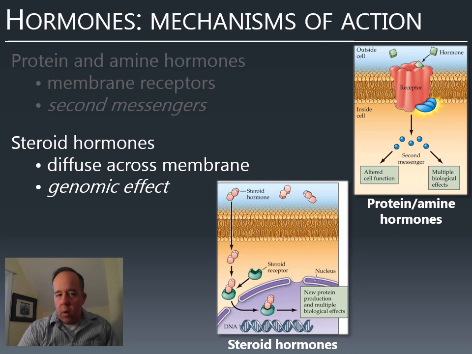So a wide range of time scales, but steroid hormones tend to go inside the nuclei of cells and affect long-term processes. There are some non-genomic effects that steroids can have. We're not going to worry about them, but they can have a wide range of effects.